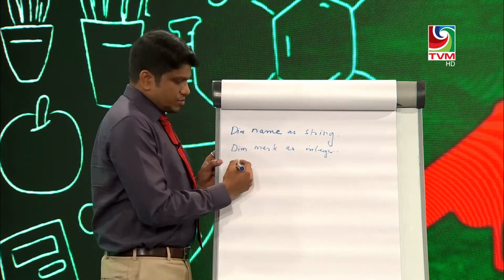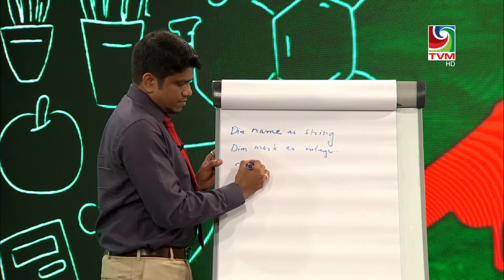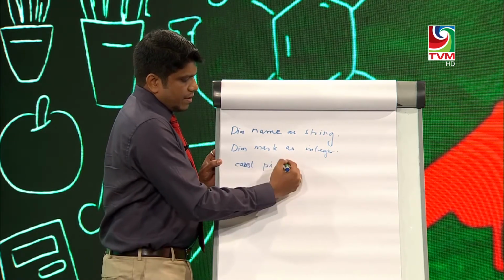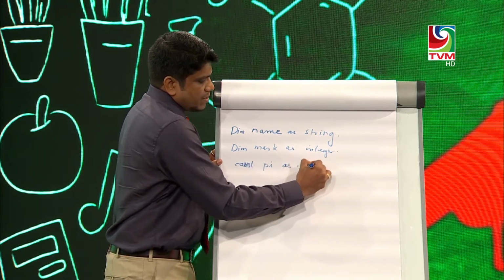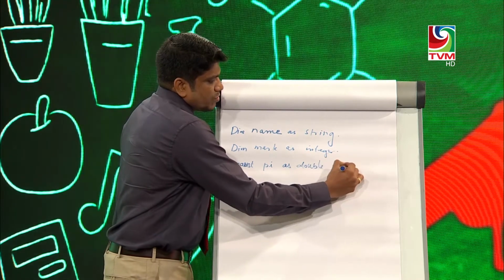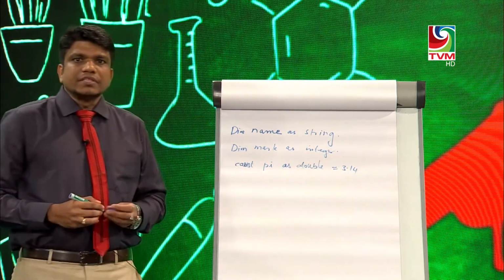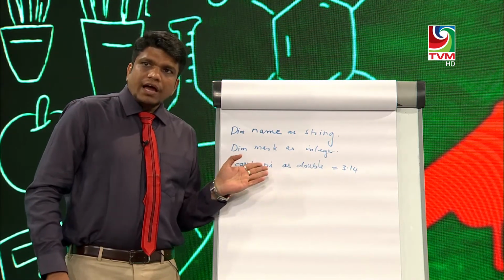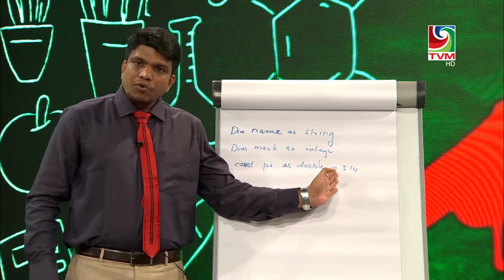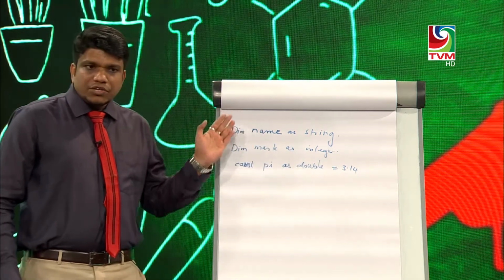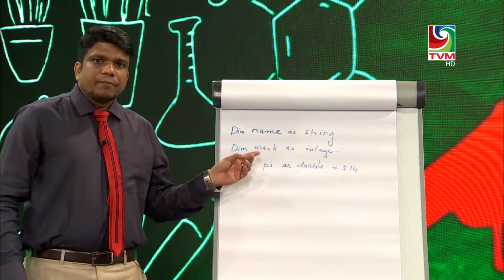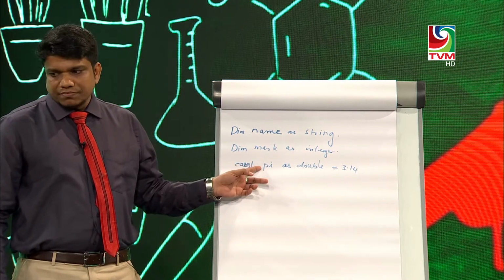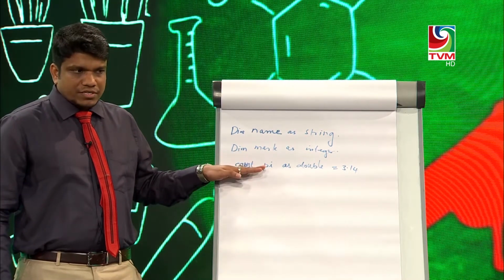How to declare a constant: Const pi As Double = 3.14. That means pi is a constant and it will take the value 3.14. During the execution of the program, the pi value won't change. It will always remain constant.